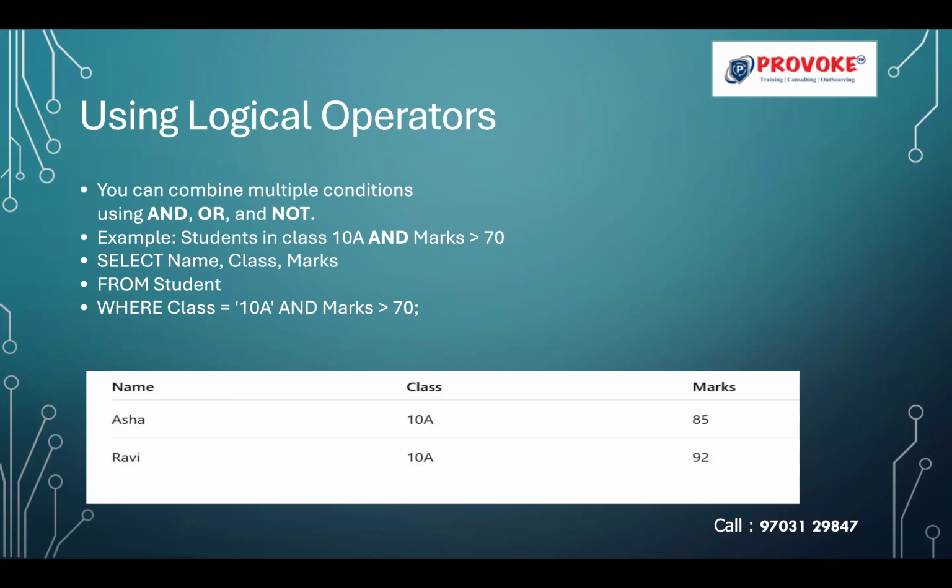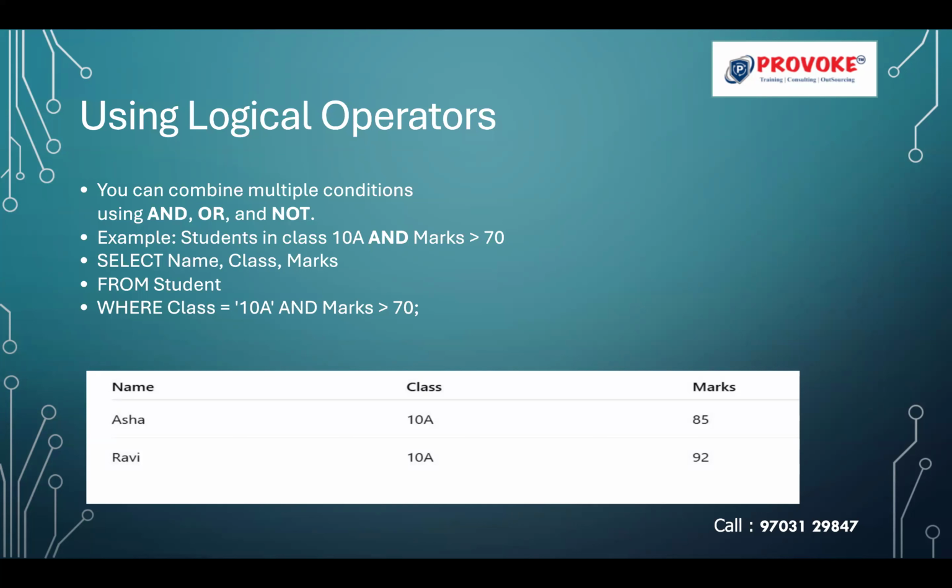Then only the AND will give the true result. OR condition, either one can be true. That is called the OR operator. NOT is the inverse of the given input. So these are the ways the AND operator, OR operator and NOT work.